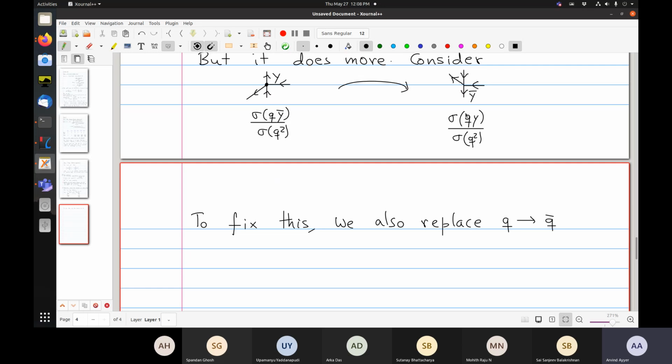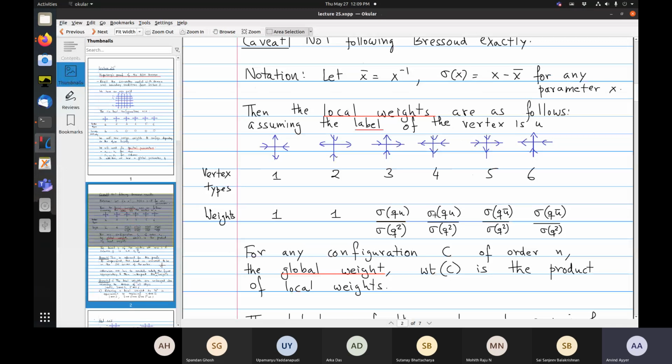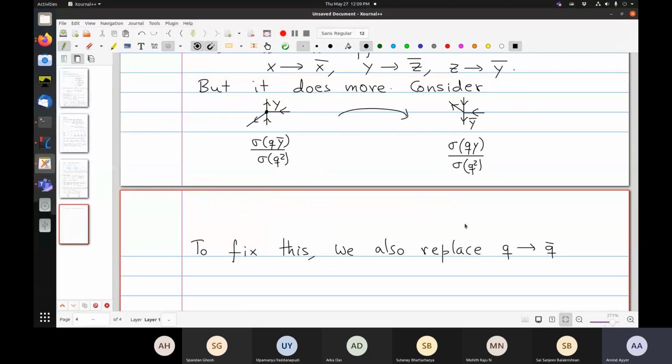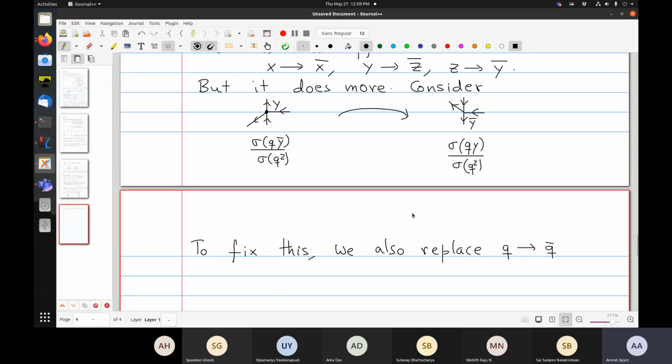But sigma q bar y is minus sigma q y bar, and sigma q bar square is minus sigma q square. So the negative signs cancel and you get the same thing. And this will do it for all of these, the negative sign will go away. And these other cases don't matter.